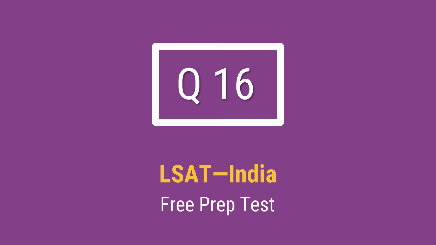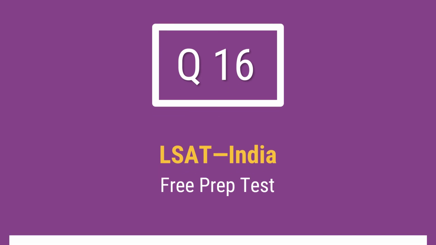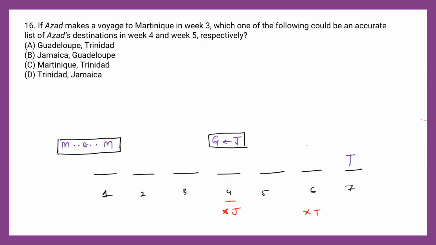Question number 16. If A makes a voyage to M in week 3, let me write that down here. M in week 3. Which one of the following could be a list of A's destinations in week 4 and 5 respectively?